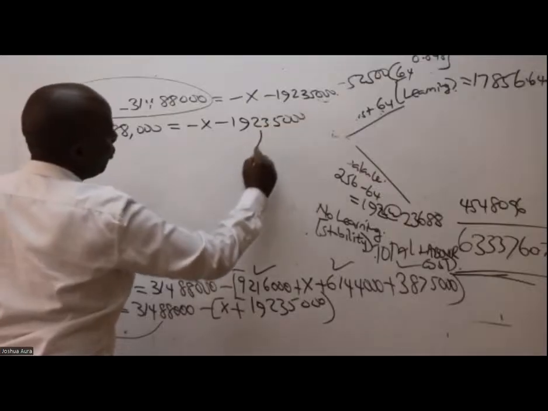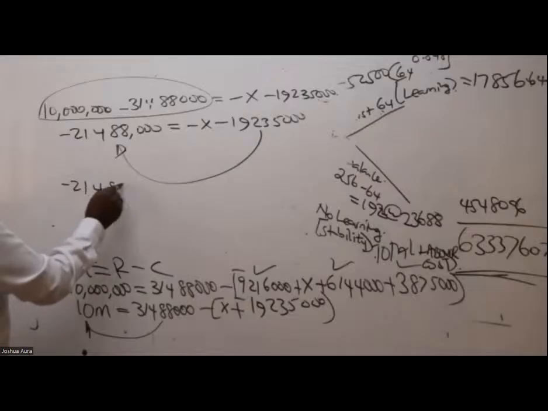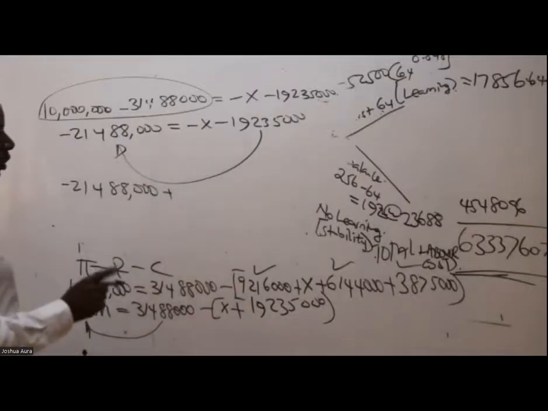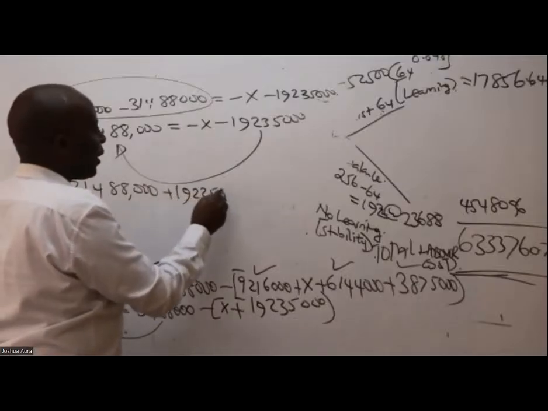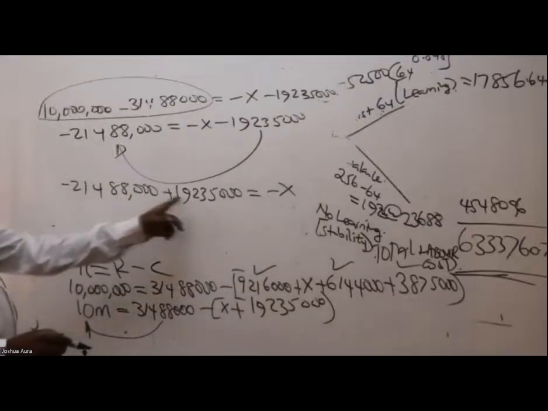Now we have to have this crossing over. Minus 21,488,000, plus, since this side is negative, it has to be a plus, 19,235,000 equals minus X. So again, could you kindly combine these two?